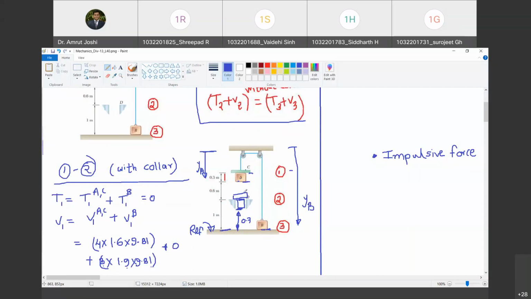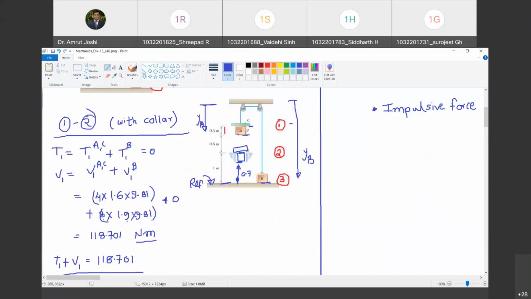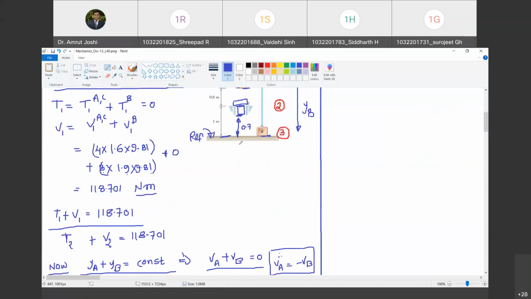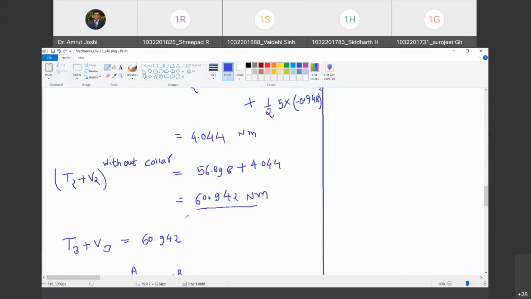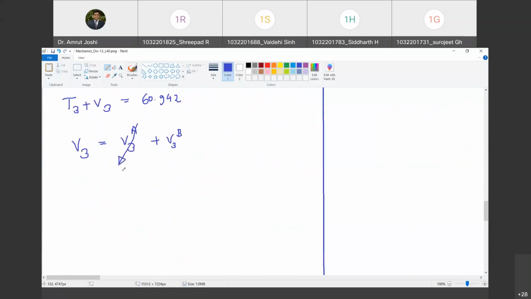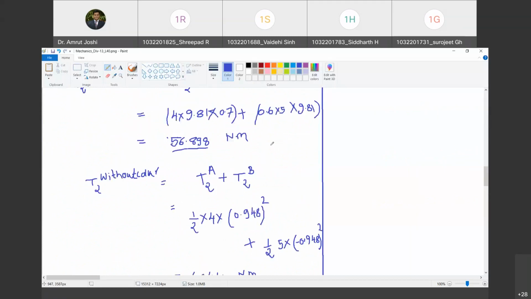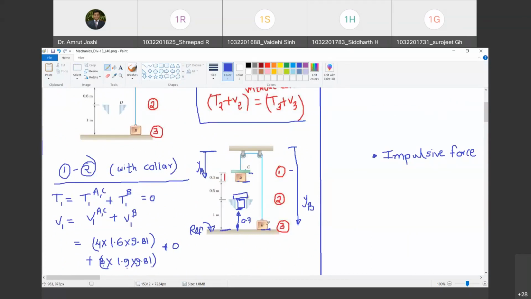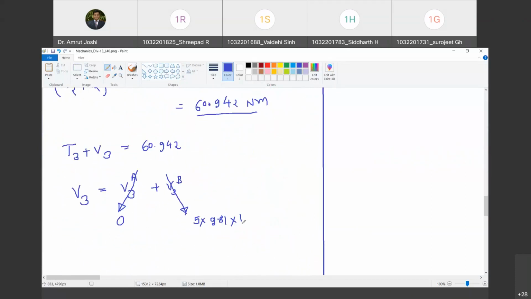Therefore, potential energy associated with block A is 0 as it has touched the ground. But block B's potential energy will be 5, which is its mass, times G, that is 9.81, multiplied by 1.6, as block B would have been above the reference by 1.6 meter when block A touches the ground.